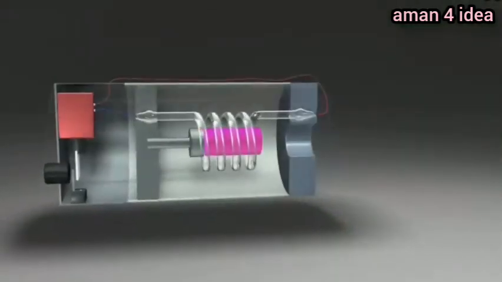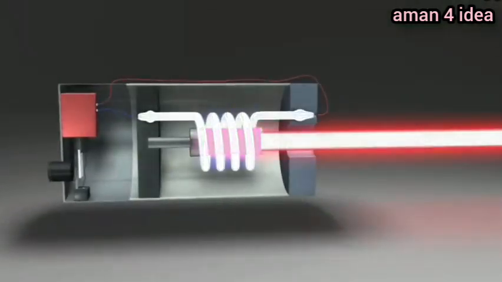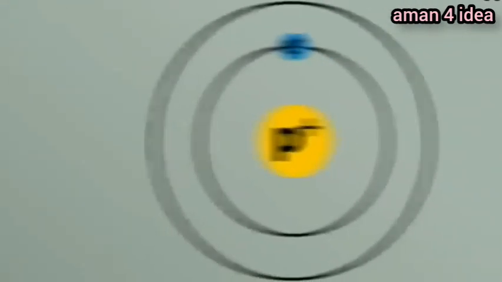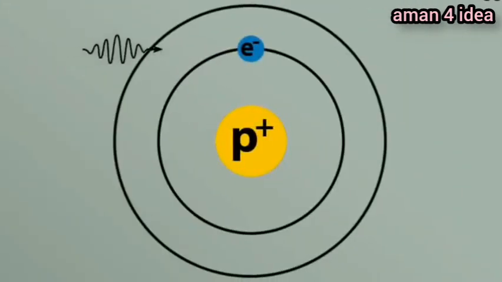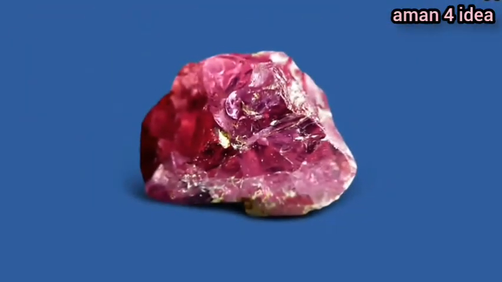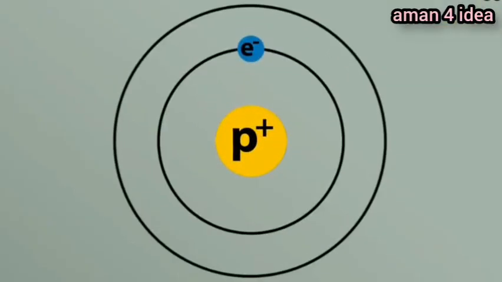We all know that the electron of an atom can go to a higher energy level by absorbing energy, and can go to a lower energy level by radiating energy. This is what is used here. Suppose you take a substance containing atoms. If you apply energy to it, the electrons absorb the energy and go to a higher level, and then drop to a lower energy level.